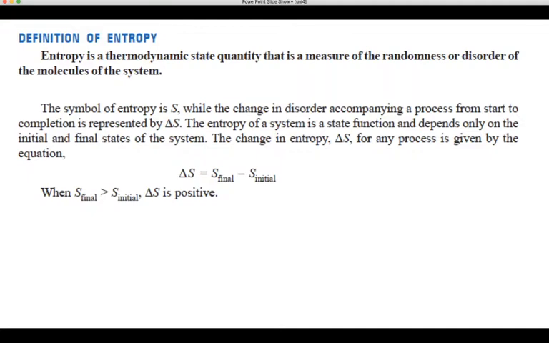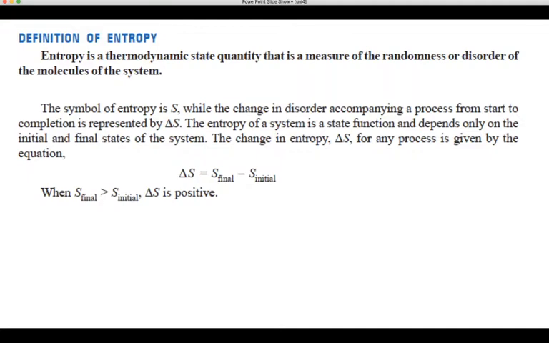The symbol of entropy is S, while the change in disorder accompanying a process from start to completion is represented by its difference, known as delta S. So delta S is equal to final entropy minus initial entropy. If you know that the ice cube is there, the initial entropy is always less, and when the ice cube melts and becomes water, there is more randomness.